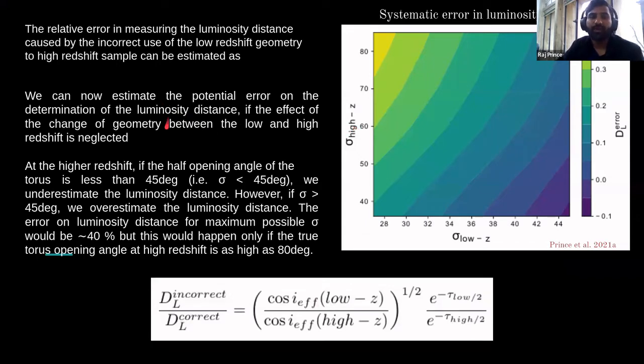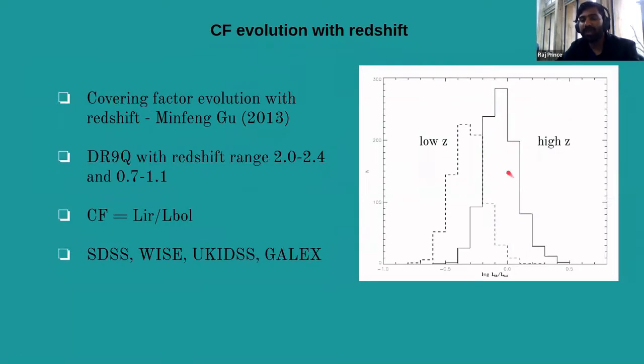From our calculation, for the lower redshift sources we know the exact structure of the sources, but for higher redshift sources, we do not know. But from this particular study, we see that there is some kind of evolution. So we want to know, if you don't know the structure at high redshift and you are assuming the structure of the low redshift sources, how much error we can make in the cosmology.